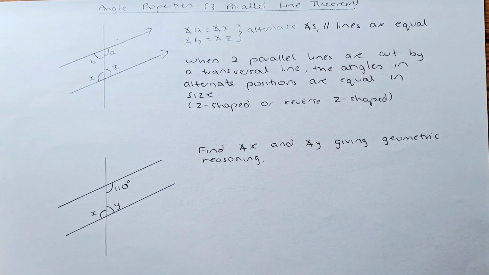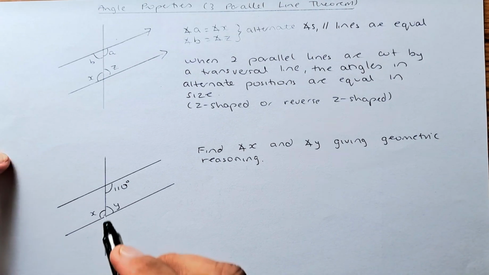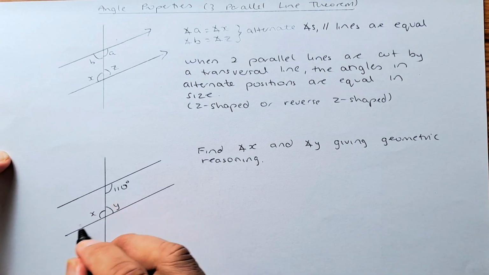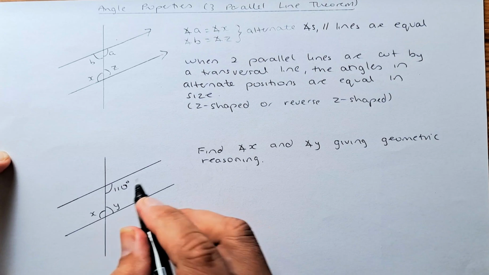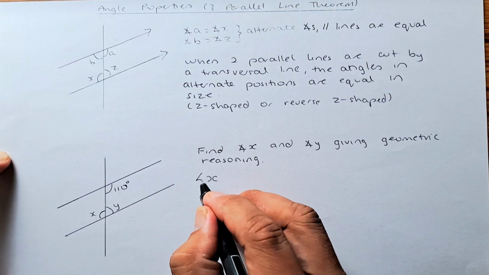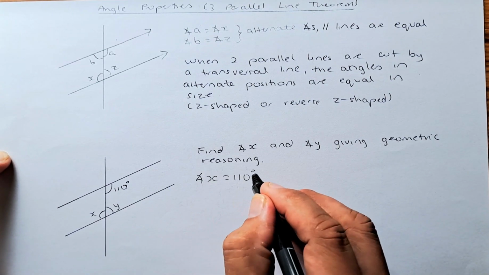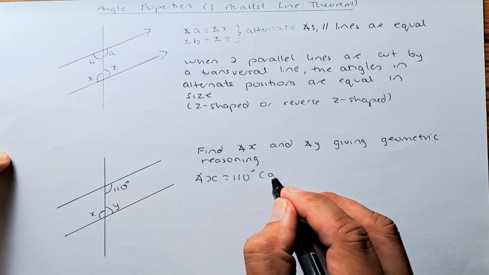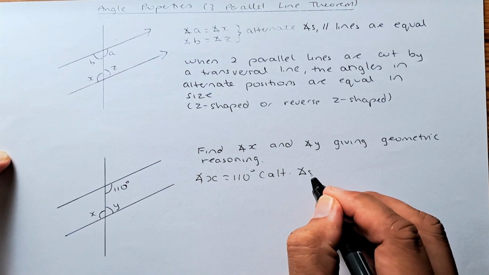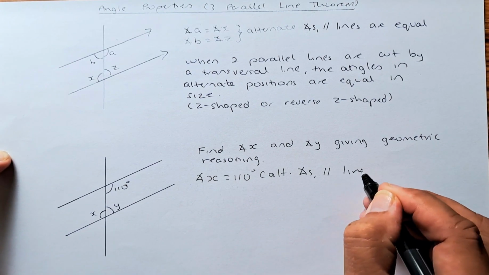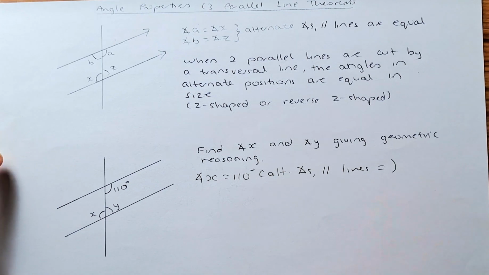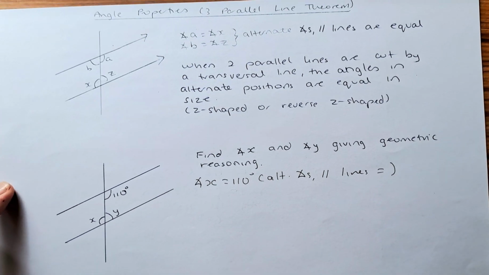Now we're going to solve X and Y. First, you can see the reverse Z, angle X equals 110 degrees, because alternate angles on parallel lines are equal. Make sure you put the words parallel lines in your exam.